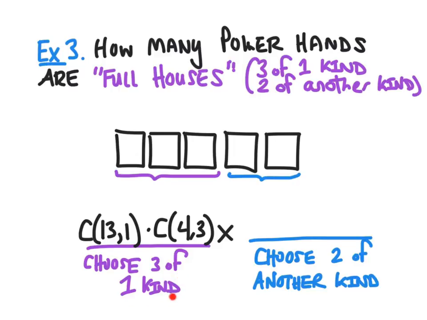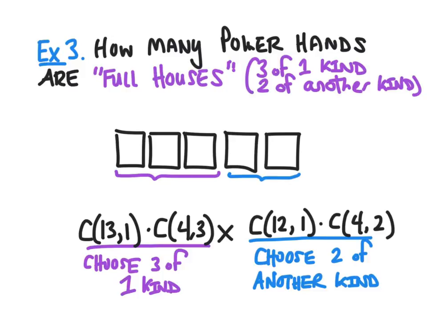You're essentially choosing the kind first, right here, and then choosing the 3 cards of the 4 possible cards from that particular kind. And we do the same thing in blue. So we're going to choose another kind, but now there's only 12 kinds left because we used one of them. And then for that kind, we're going to pick 2 cards from the available 4 cards available in that kind.